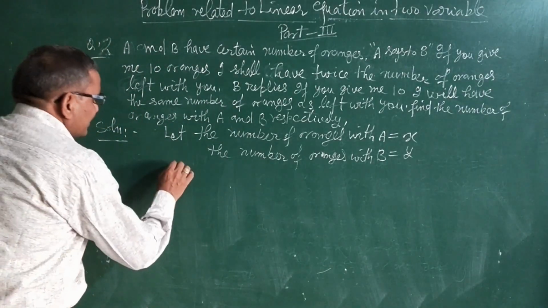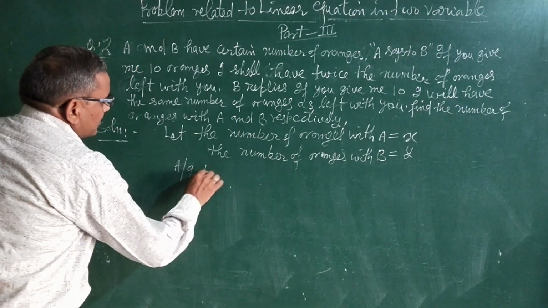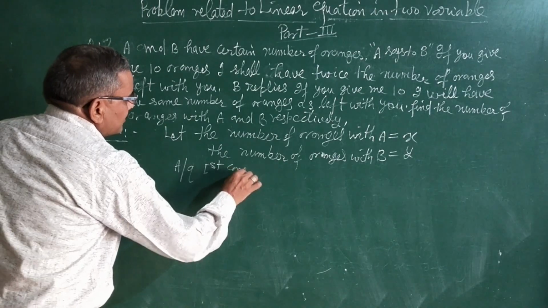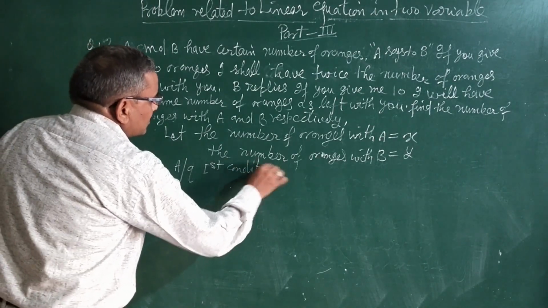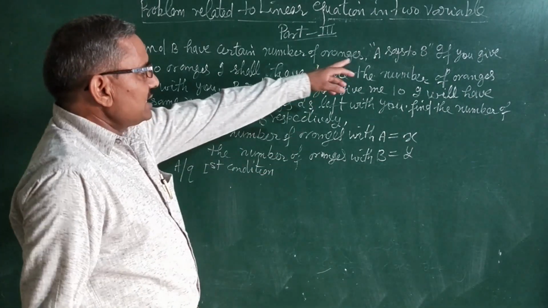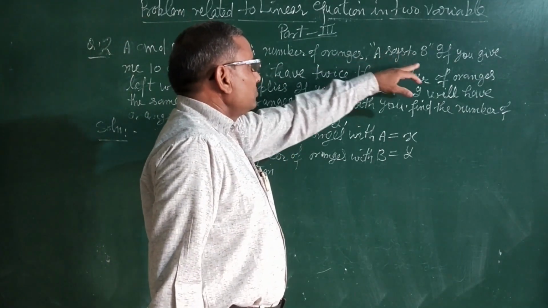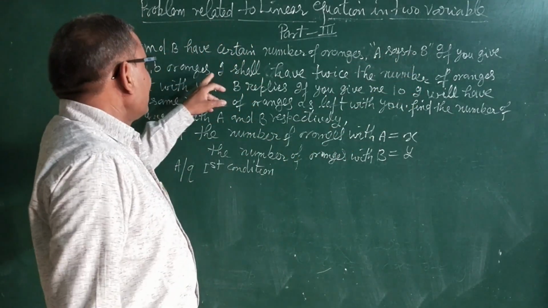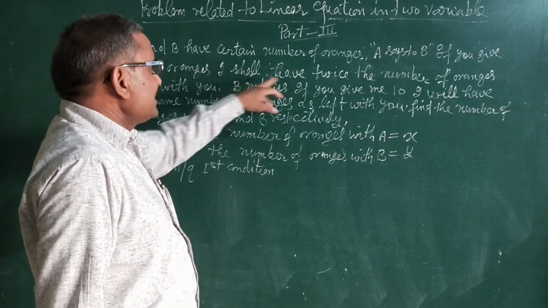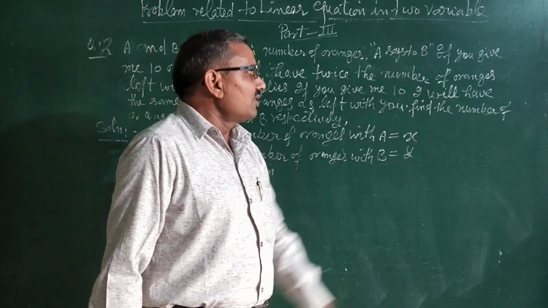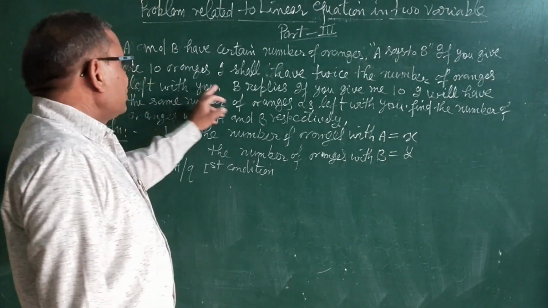According to the question, first condition: A says to B, if you give me 10 oranges, I shall have twice the number of oranges left with you.